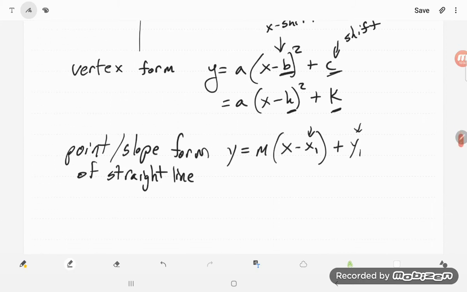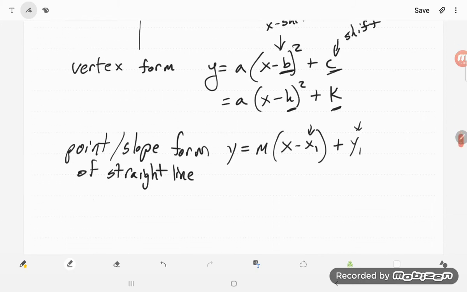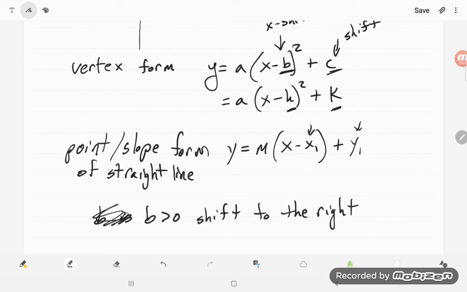And so the x minus b, b is, well, let me write it this way. B greater than 0 is a shift to the right. Now, it's very important, though, it's still going to be minus b. So if b is 2, it's going to be x minus 2.